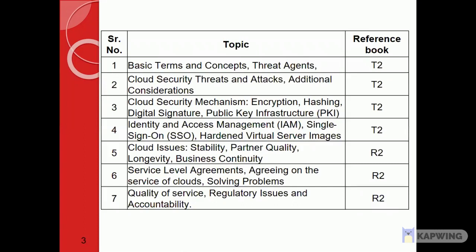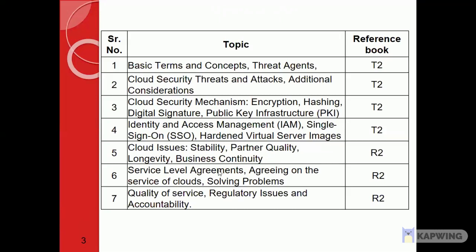Now the topics that we have to cover in unit number 4 are basic terms and concepts, threat agents, then cloud security threats and attacks, additional considerations, and cloud security mechanisms. In that we have to cover encryption, hashing, digital signature, public key infrastructure, that is PKI, identity and access management, that is IAM, single sign-on, then hardened virtual server images.